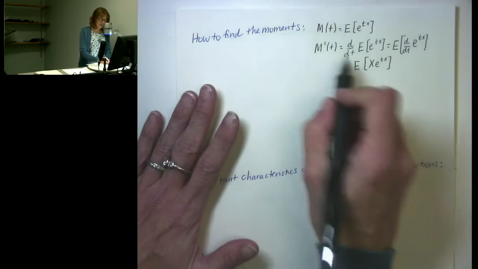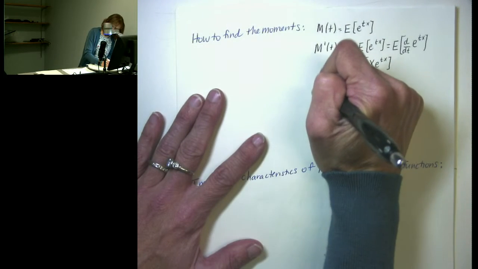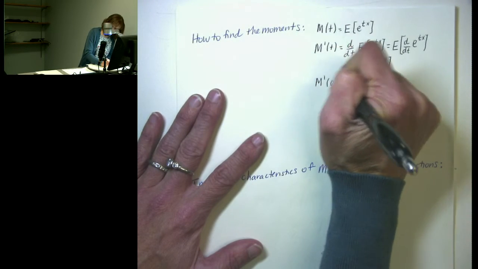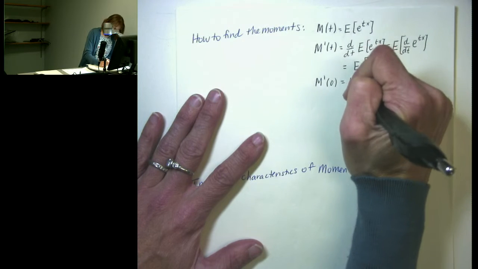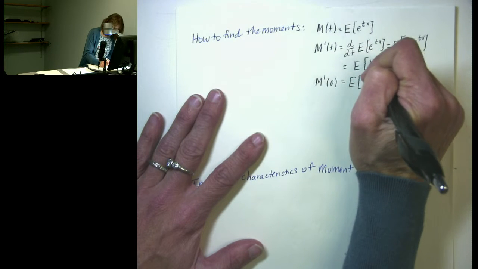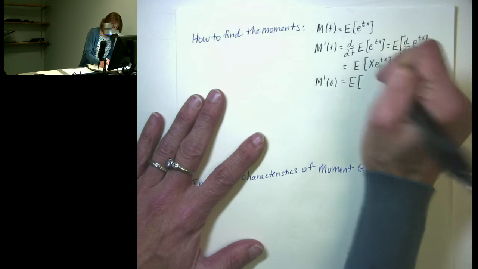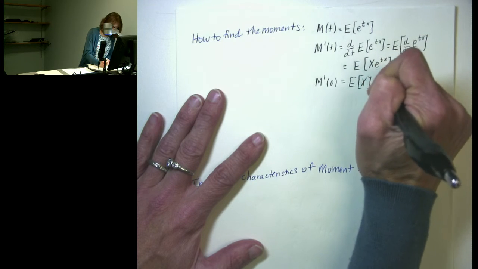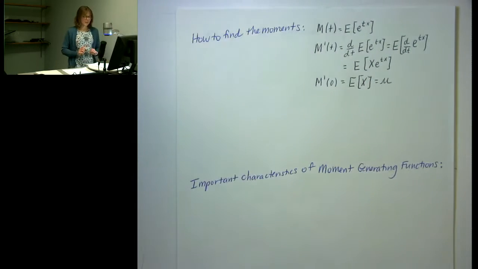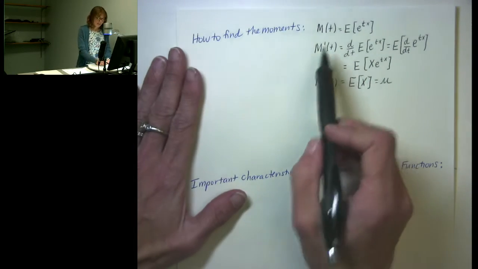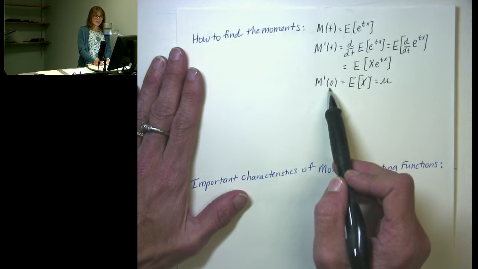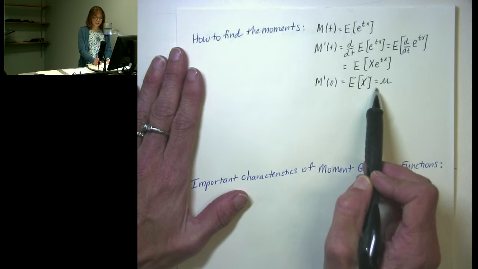And so if I evaluate this at t equals 0, we get the expected value of x times e to the 0, which is 1, so it just gives us the expected value of x, or the mean. So by taking the first derivative and evaluating it at t equals 0, I get the first moment of x.